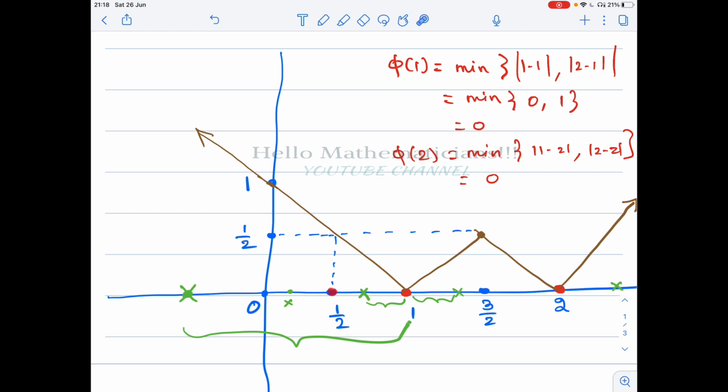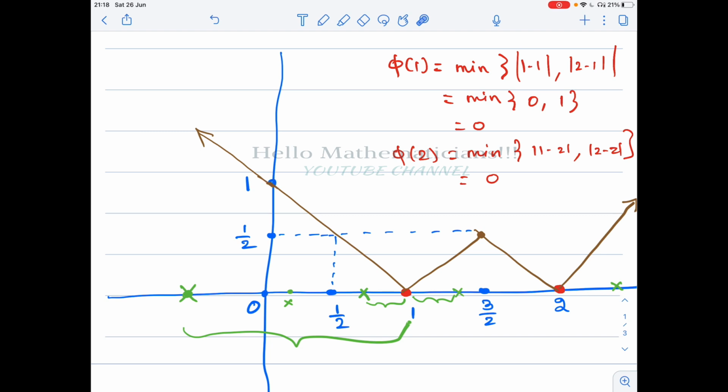Therefore, at the point half, the function takes the value half. Then what is phi of 0? The distance between 0 and 1, and the distance between 0 and 2; 0 and 1 is the least, 1. Therefore phi of 0 is 1. So at 1 by 2, the function takes the value half, and at 0, it takes the value 1.